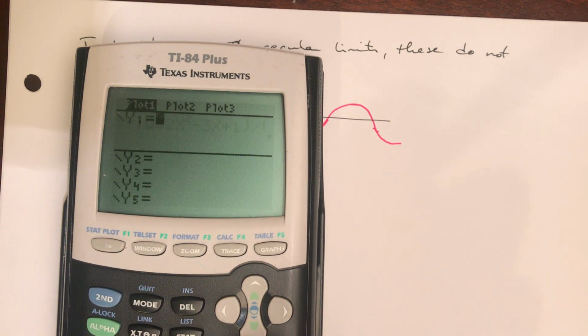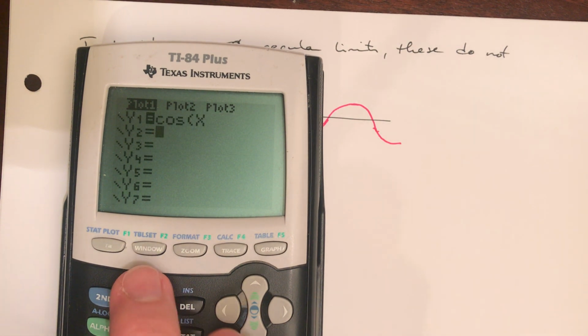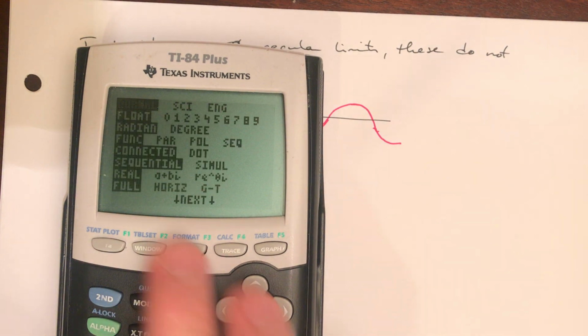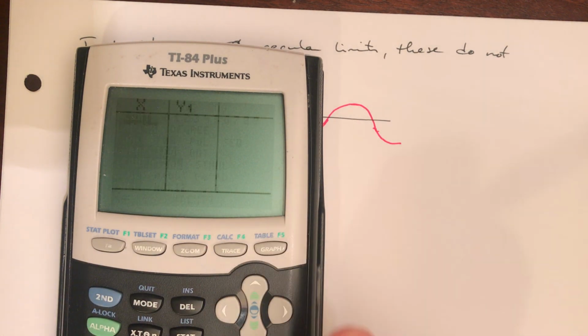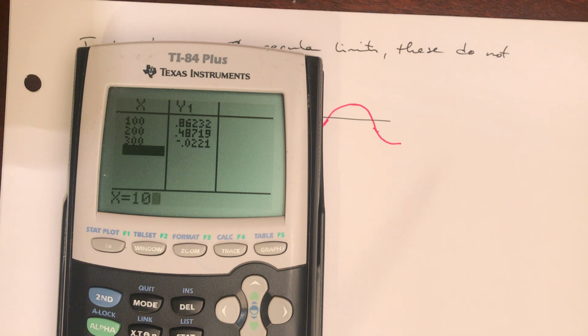We'll put in cosine of x. Make sure we are in radians, which we are, and we'll plug in large values for x.